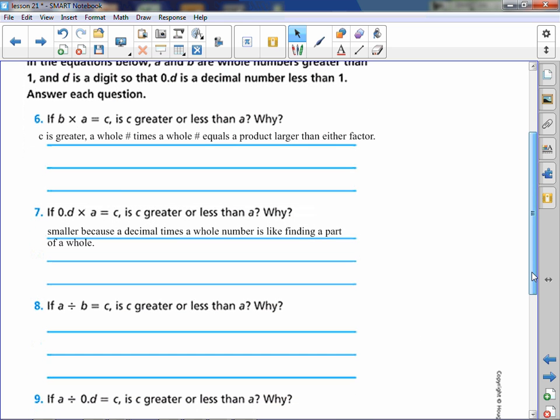A divided by B equals C, is C greater than or less than A? Well, it's going to be less than, so we're going to have another smaller situation.